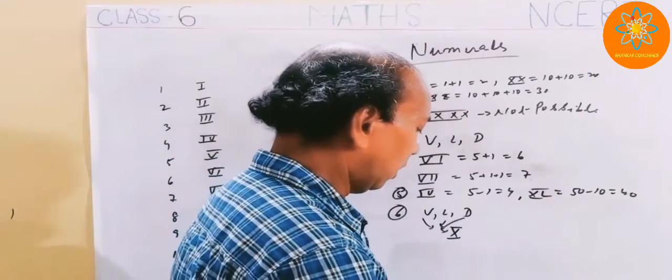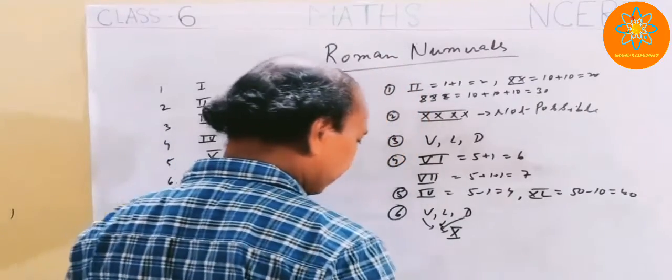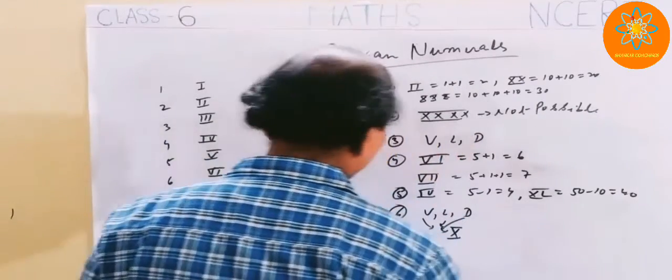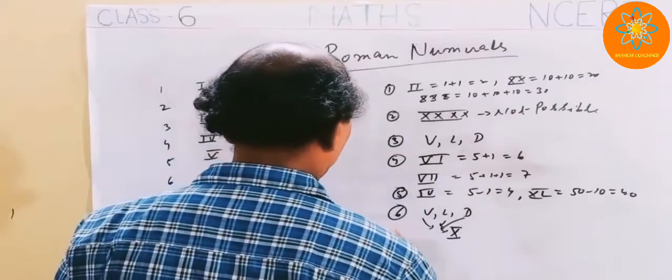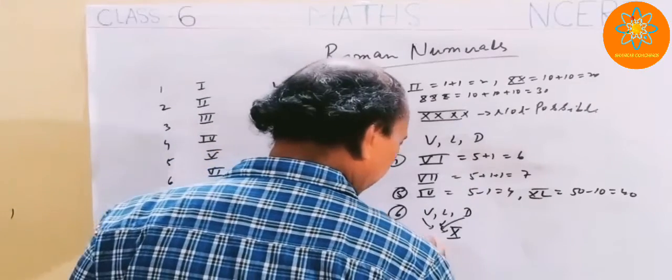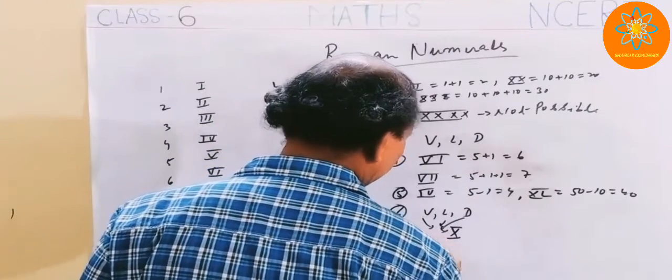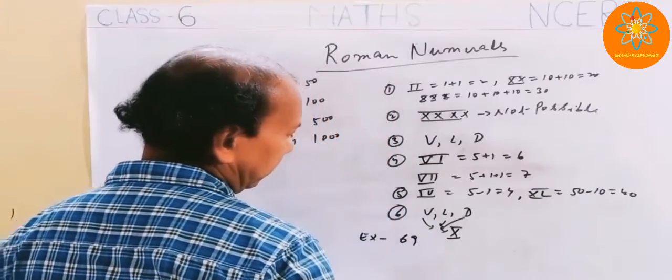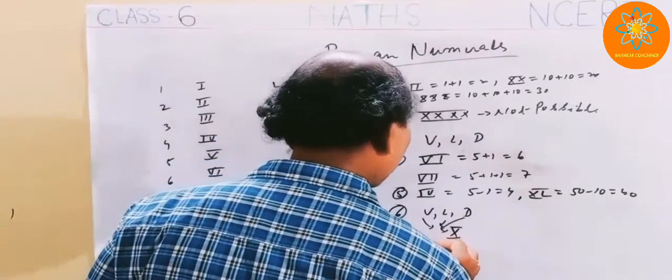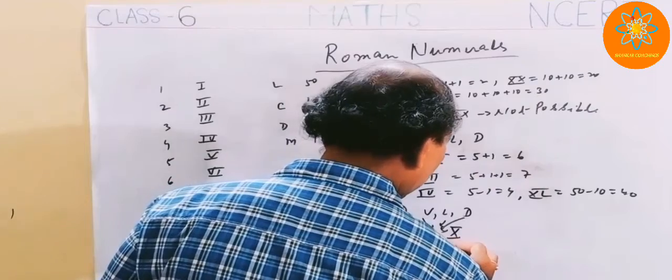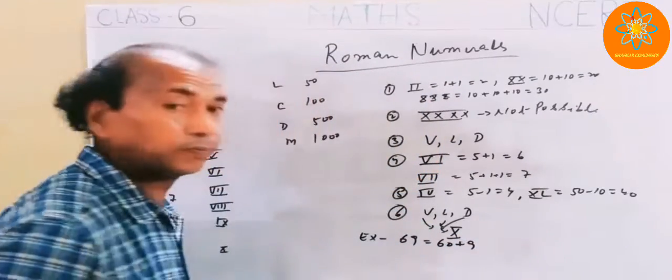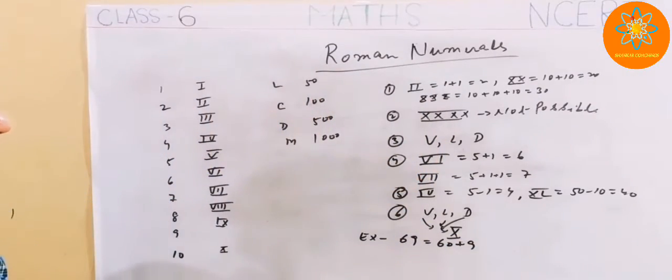Now I am taking an example. Let's suppose I want to write 69. How can I write it? 69 is 60 plus 9.